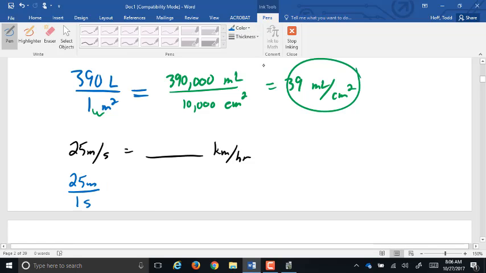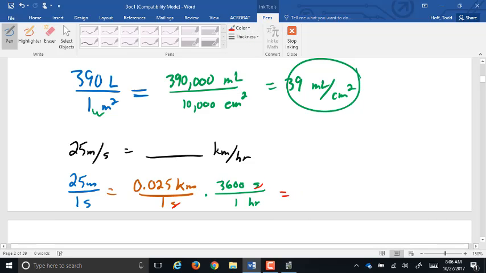I can go ahead and change my 25 meters to 0.025 kilometers per second, but I still have to convert my seconds to hours. 1 minute is 60 seconds, 1 hour is 60 minutes. 1 hour is 60 times 60 or 3,600 seconds.